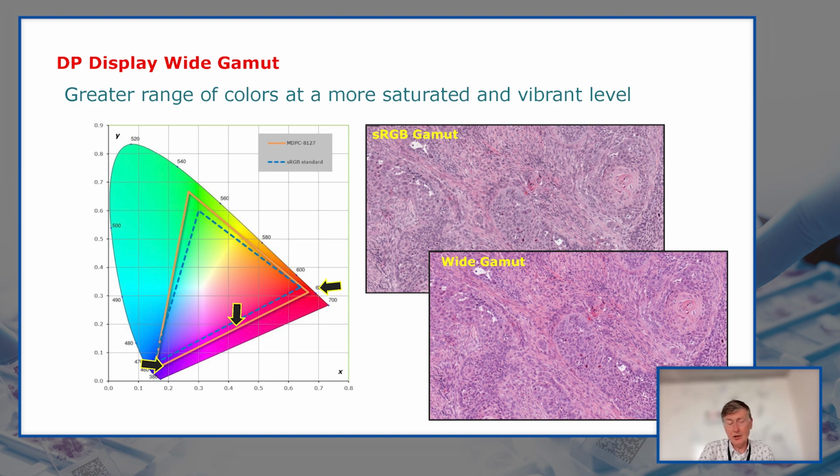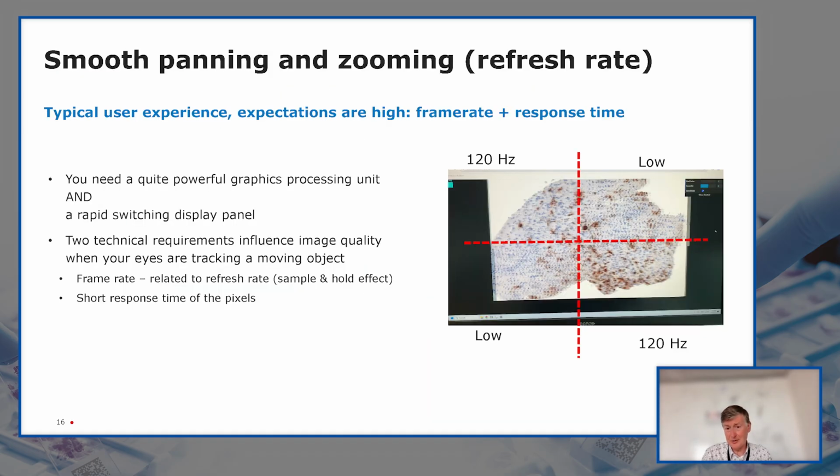And another feature which is also quite important for digital pathology is the way you work as a pathologist when looking to the imaging screen. We did some investigation also with eye tracking, and you can see that the pathologist is using the full screen. A radiologist will mainly focus at the center of the screen, but as a pathologist, you're zooming in and doing a lot of panning of that image, and you want this to be smooth.